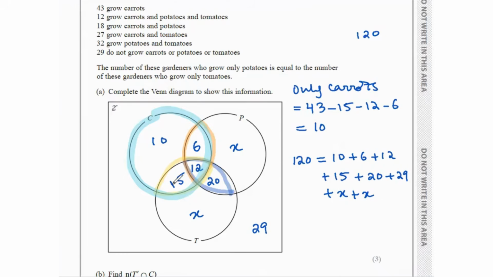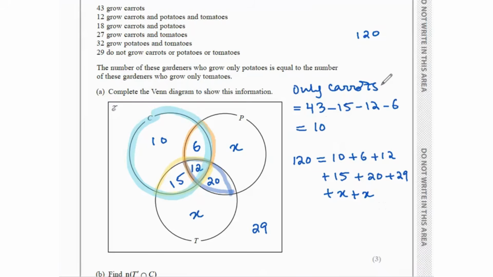Remember, you do not write the values that are overlapping twice. You only write them once. That's why you don't see anything repeated. The only thing that's repeated is the x, because the number of people who only grow potatoes is equal to the number of people who only grow tomatoes.